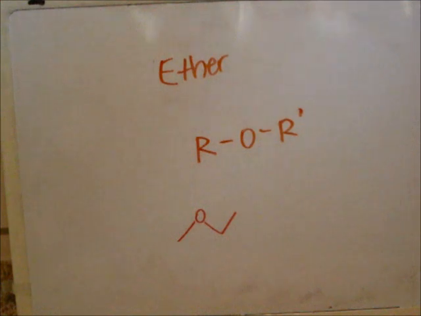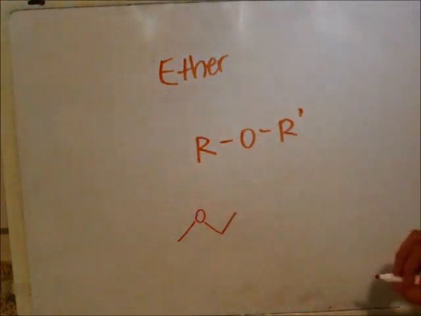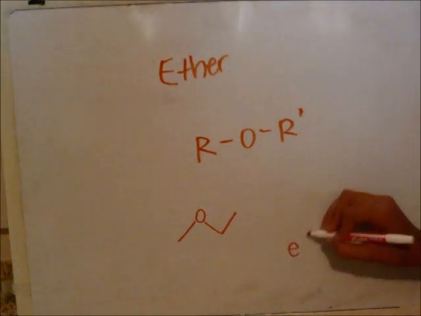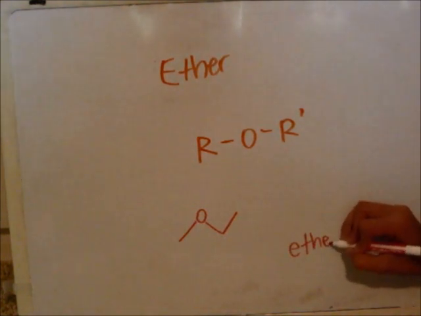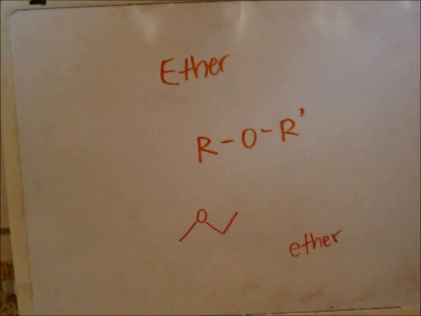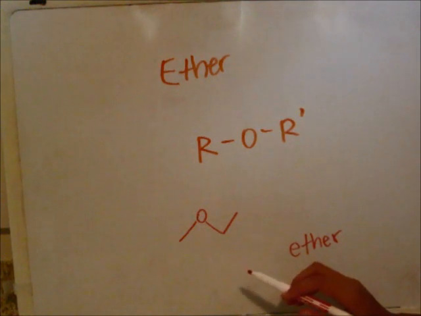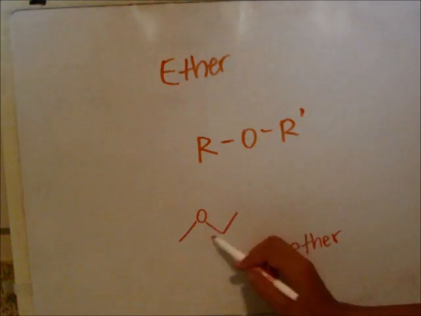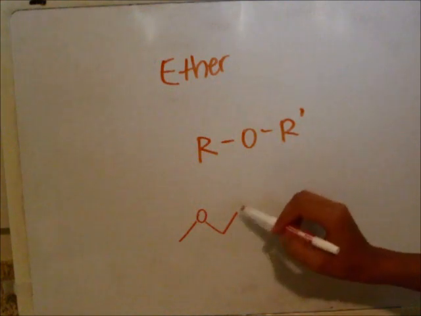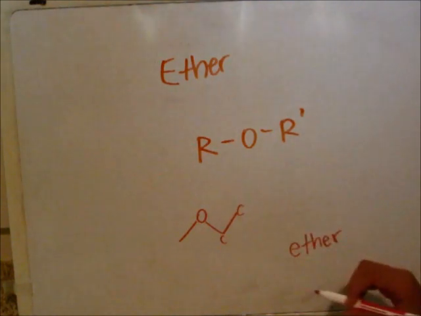And how do we draw this? Well, we actually start with the O. We know that it's going to be an ether. The ending is just saying ether at the end. And then, we go on one side. Like on this side, there's two carbons attached. Carbon, carbon.